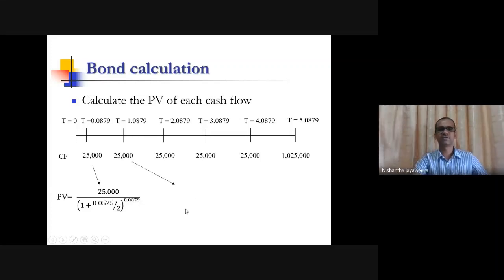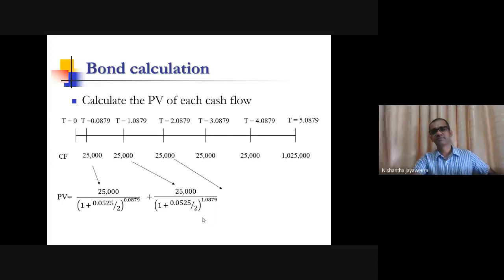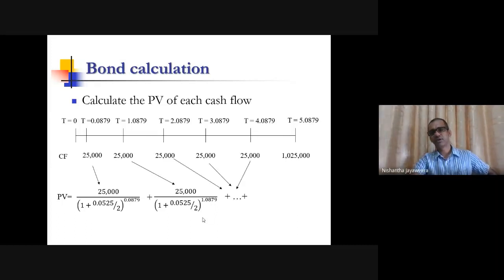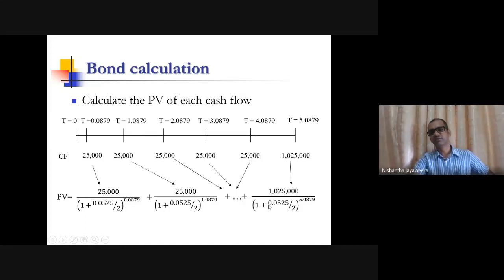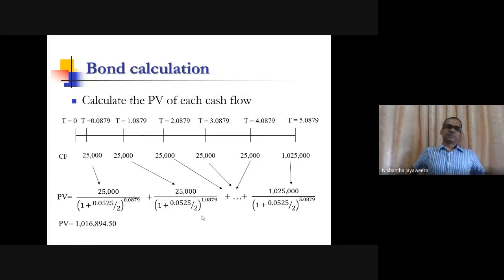The second one, same thing, but for one period plus 0.0879. Likewise, you can do this for all cash flows, the last one with the face value. Then you get this present value, this price.